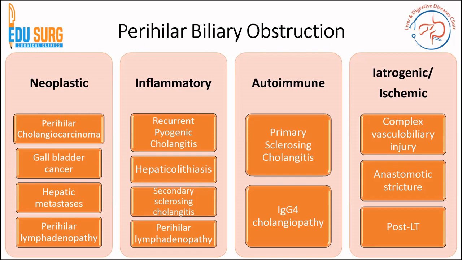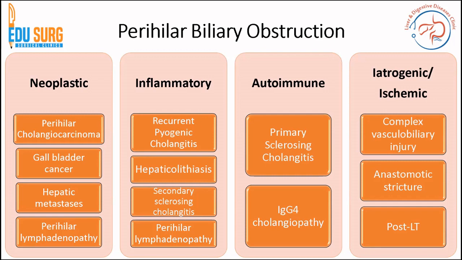However, there are a lot of other entities that can present the same way, including gallbladder cancers, multiple liver metastasis, perihilar lymphadenopathy that can occur in, say, lymphoma or tuberculosis. When we come to inflammatory lesions, we have recurrent pyogenic cholangitis, hepaticolithiasis, and of course, perihilar lymphadenopathy.